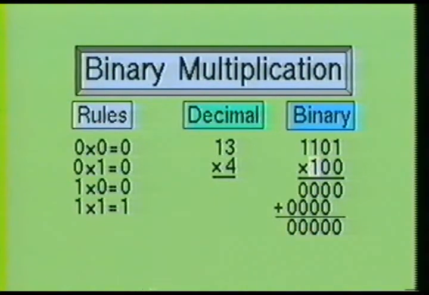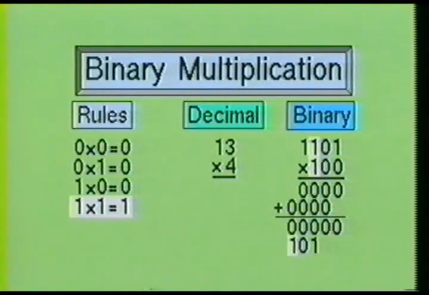Next, we multiply the most significant bit of the multiplier times the multiplicand, and we must also shift the next partial product 1 bit to the left from the previous shift. When we multiply 1 times 1, the product is 1. When we multiply 1 times 0, the product is 0.